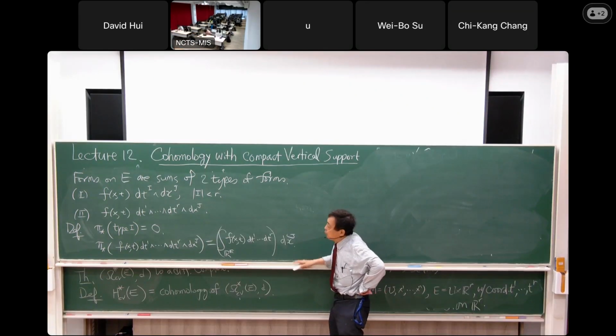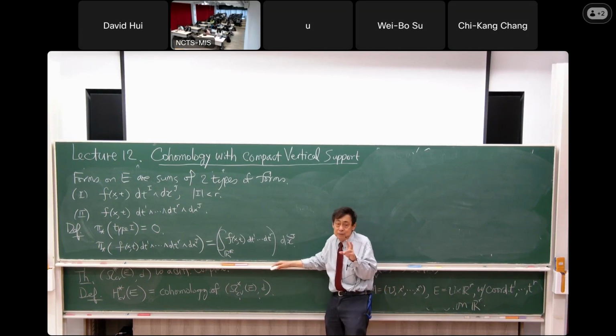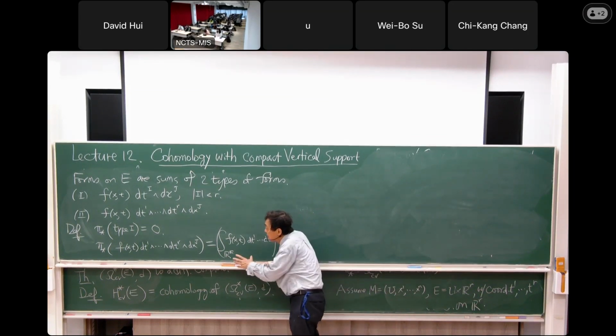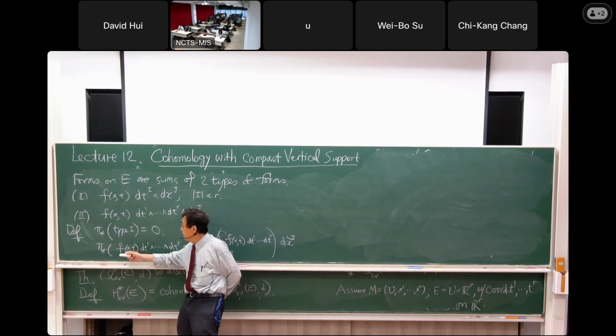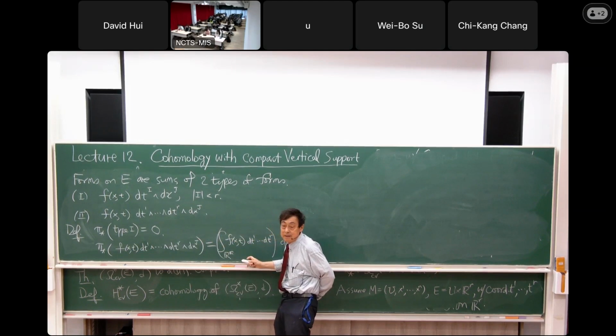Okay, so we have defined the integration along the fiber. And I feel that there are two things I really should prove. The first is that when you start with a C infinity form, that means f is C infinity, after you integrate, you should get a C infinity form, with our definition of vertical compact support.